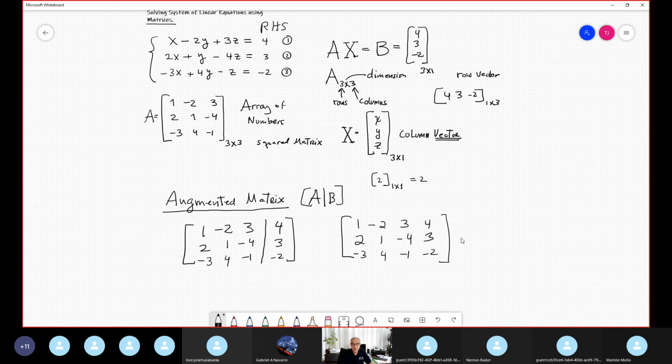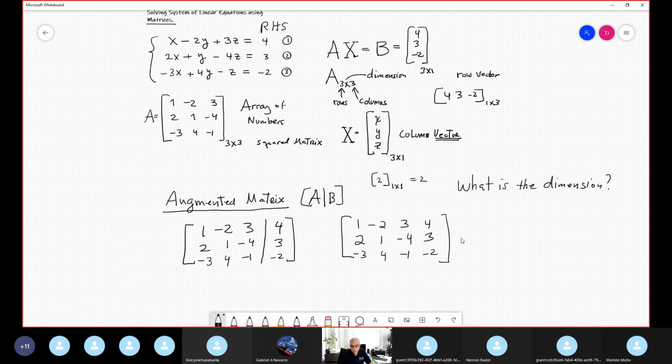By the way, what is the dimension of this matrix, guys? Answer me. What is the dimension of this matrix? How many rows? How many columns? 3 rows and 4 columns.